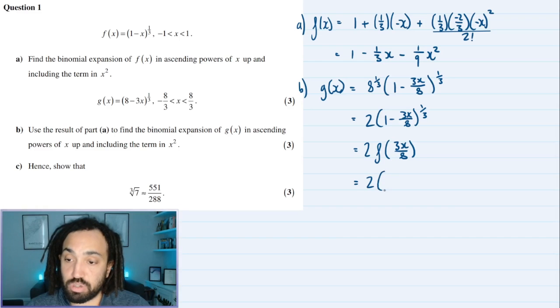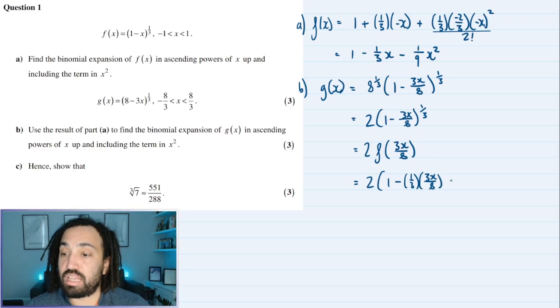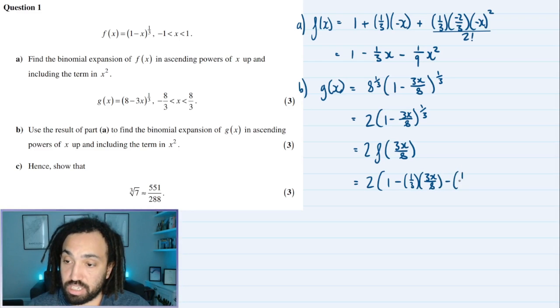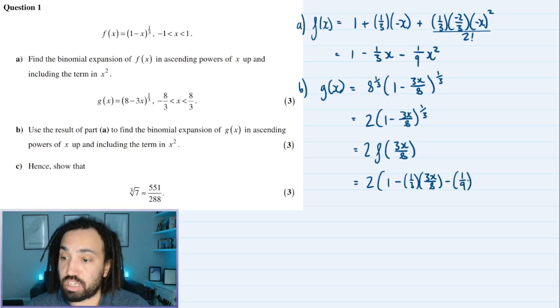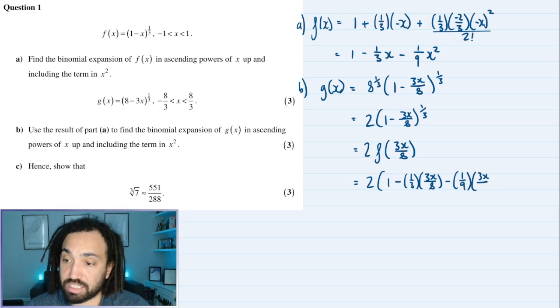So I'm going to get 2 lots of 1 minus a third times 3x over 8, minus a ninth times 3x over 8 squared.